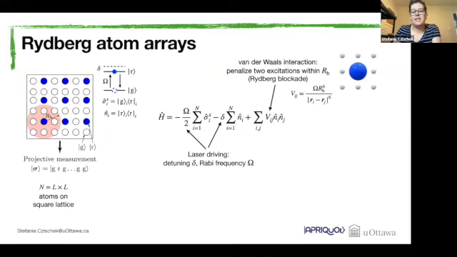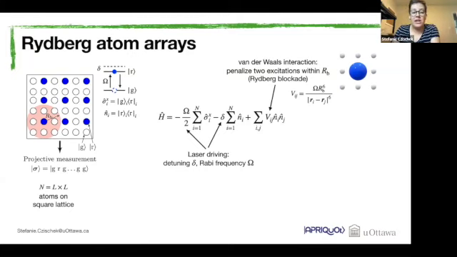And the way these interactions work, you can imagine it if we look at just a subset of such atoms, and we assume that one of these atoms is in the excited state. We said this is a highly excited state, meaning that the electron is on a sphere with a very large radius. And then you see that this sphere actually comes pretty close to all the neighboring atoms, and therefore generates van der Waals interactions with the neighboring atoms.